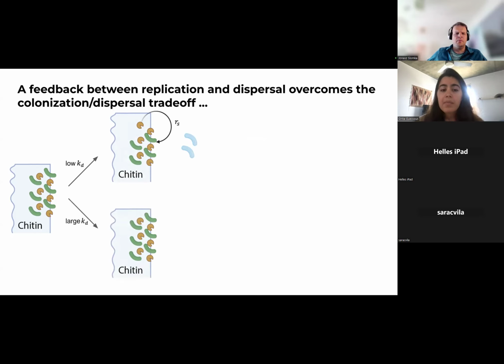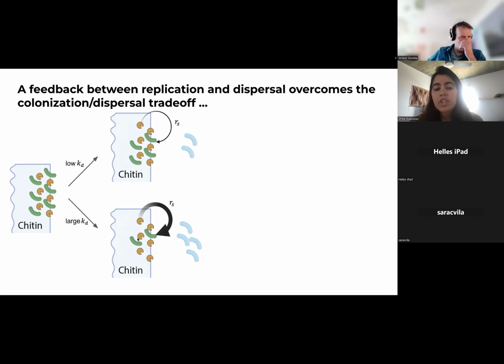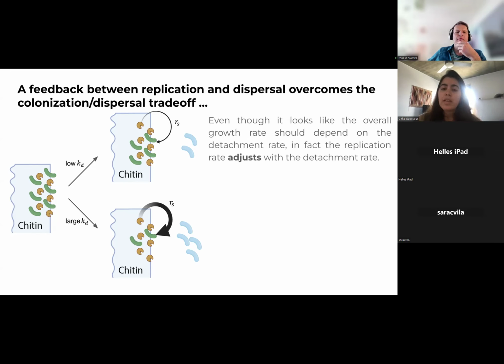On the other hand, we can imagine that the detachment rate is way faster. So a lot more of these cells are going to detach. And so we're left with surface attached cells that now are taking advantage of a larger amount of enzymes. And so the nutrient concentration per cell is now higher. And so this indicates that there is a trade-off between the replication rate on the surface of the particles and their detachment rate. So these two things are co-varying in a way.